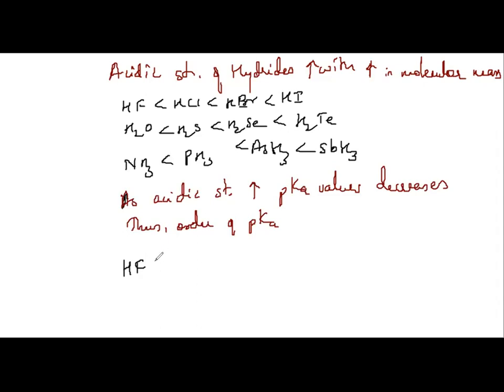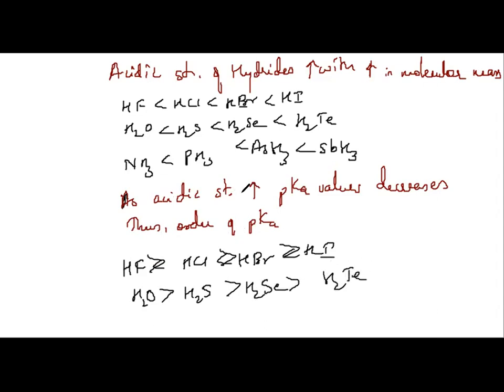So HF should have less pKa value than HCl, less than HBr, less than HI. H2O, this is more acidic, right? H2O should have less pKa value than H2S. It should go on in this order.